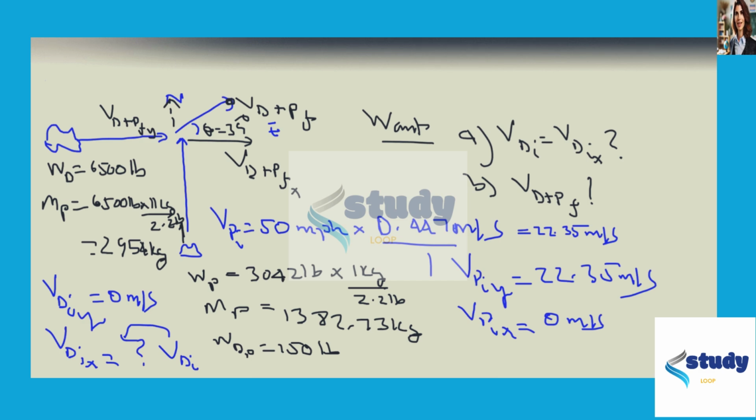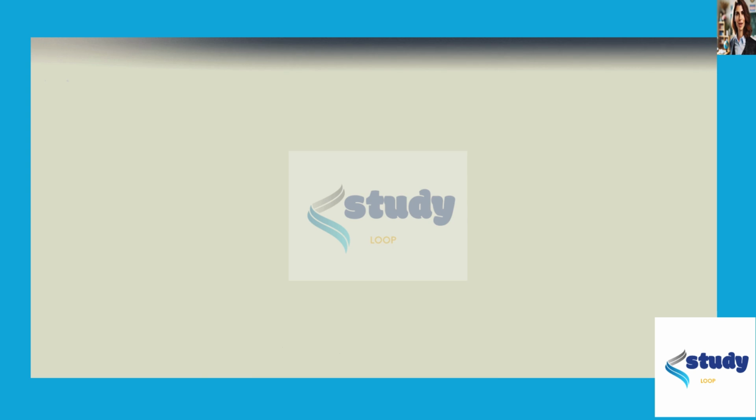There are multiple components to this problem. Always think about it in terms of x and y direction. So going to the second part, the initial momentum of the Prius in the y direction equals the initial momentum of the Prius. So now let's start with the y direction.